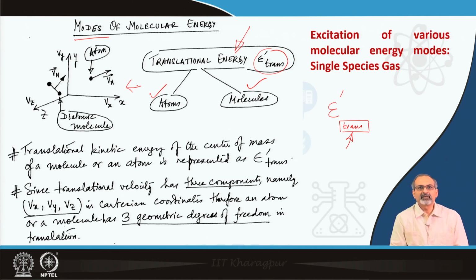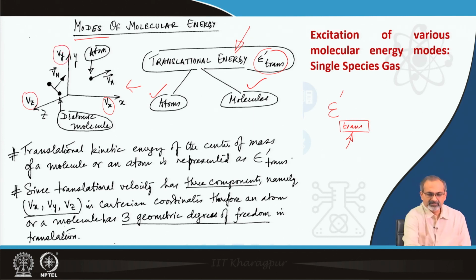So, in a 3-dimensional Cartesian space, we have 3 components of velocity possible when an atom or a molecule is translating. So, here we have an atom with a velocity V_a vector, which would have its respective components along x, y, z directions. Similarly, you have a diatomic molecule here.